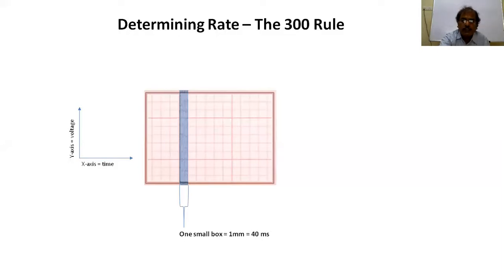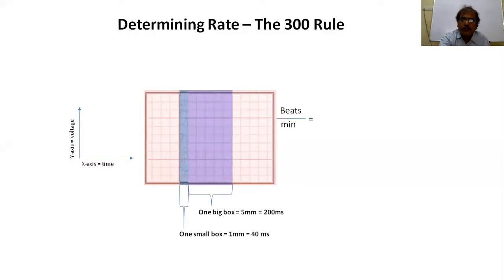Now we are considering 25 millimeter only. The paper speed in all subsequent classes will be 25 millimeter per second, so you forget about the 50 millimeter per second. Now one big box is 5 millimeter, and that is equal to 200 milliseconds.